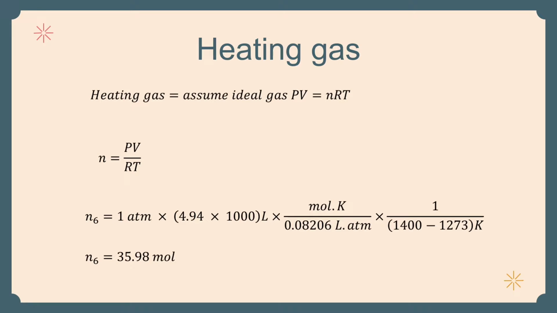We substitute all the values: pressure is 1 atm, volume is 4.94 from the question, times 1000 liters, then we divide by the gas constant and the temperature in Kelvin. So for N6 we get 35.98 moles.